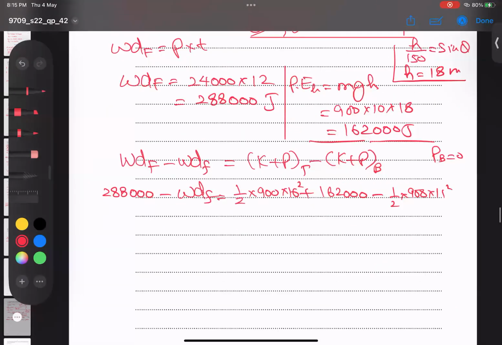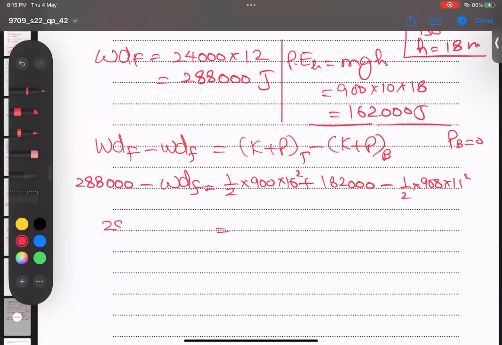And now it is just a matter of typing in the calculator, and I will get my answer. Have a look, students, how we can find it. I just type the right hand side fully in my calculator and let's see what final answer is coming. Half into 900 times 16 squared plus 162,000 and minus half into 900 into 11 squared.